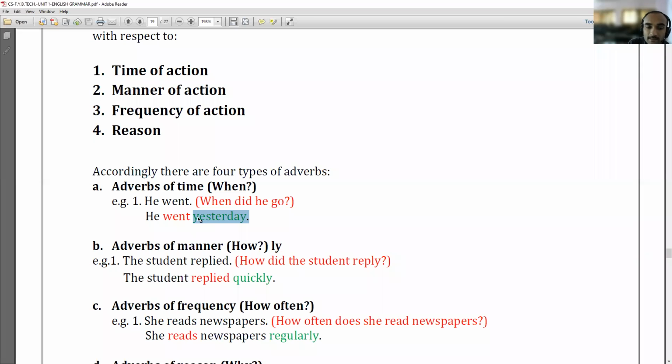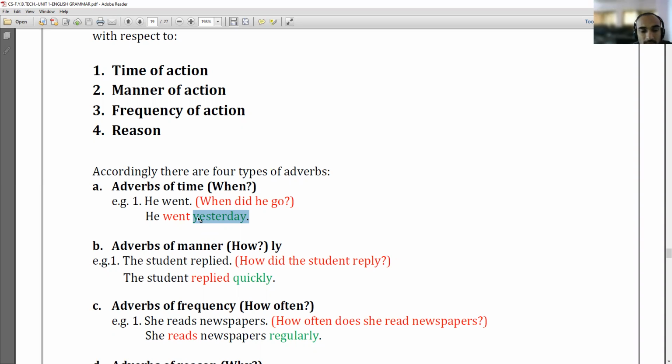Okay, so yesterday is the time denoting word. त्याच्यातून आपल्याला काय कळतं तर टायमिंग कळतं किंवा वेळ कळती तो केव्हा गेला याची. ओके, so that's why it is called as the adverb of time. त्यामुळेच आपण त्याला म्हणतो adverb of time. Just we have to ask question beginning with when. Okay, to know the adverb of time we have to ask question starting with when.